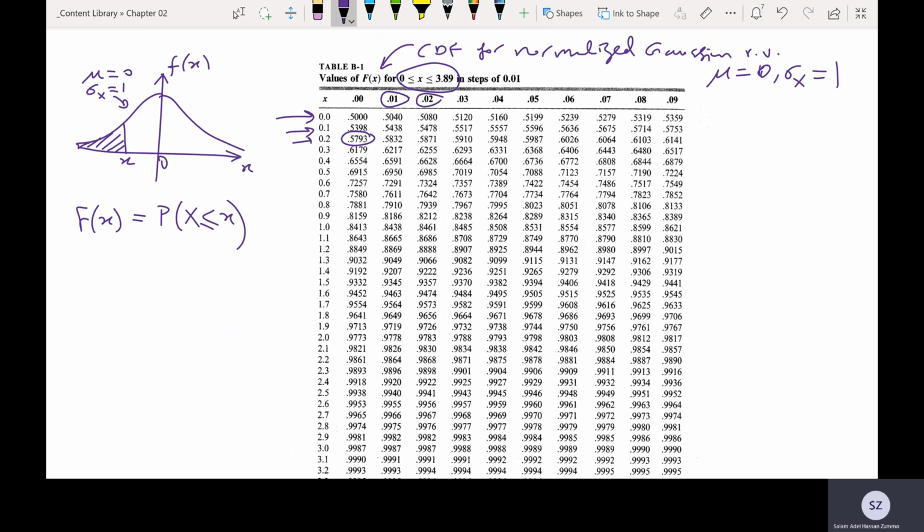For example, if I want F of 0.15, what is it? We go to 0.1, and then we stop at 0.05. It will be 0.5596.